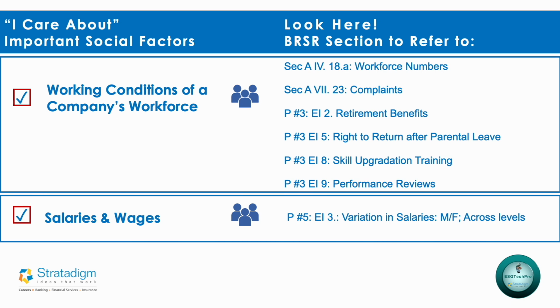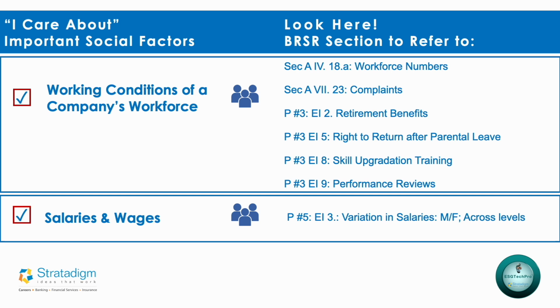On salaries and wages, principle 5, essential indicator 3 asks about the variation in salaries between men and women in the workforce and across levels of the organization. From a governance perspective, a very huge variation between top management and the bottom rung of the organization is not considered great, but that's a governance issue.